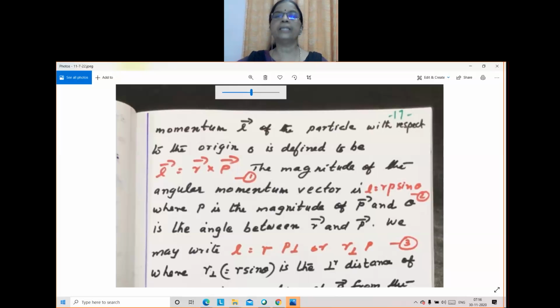Akshaya, is Akshaya there? Yes, ma'am. When is the angular momentum maximum? From the equation, tell: L equals rp sin theta. When does this value take its maximum? For which value of sine will it take the maximum?